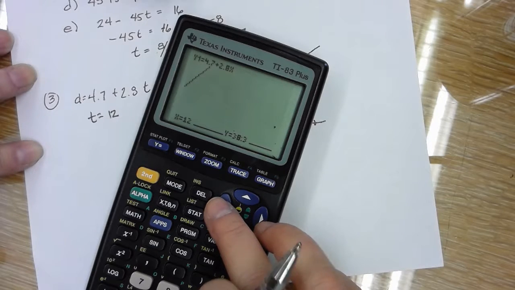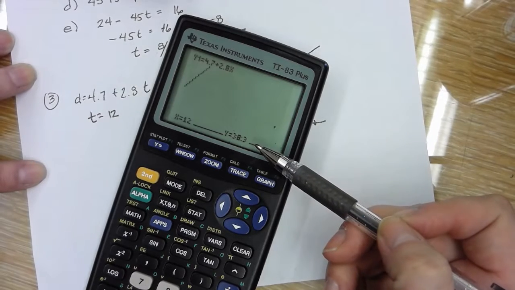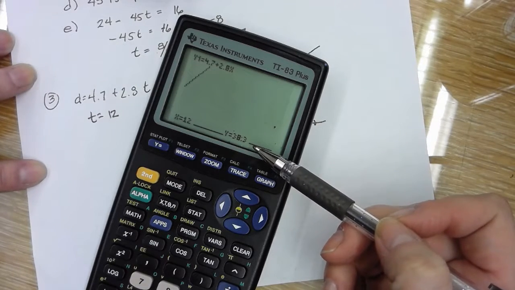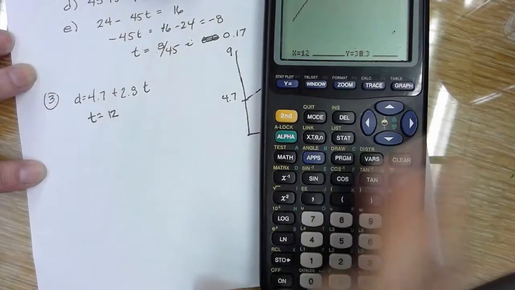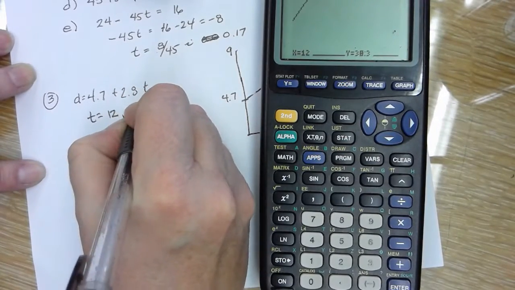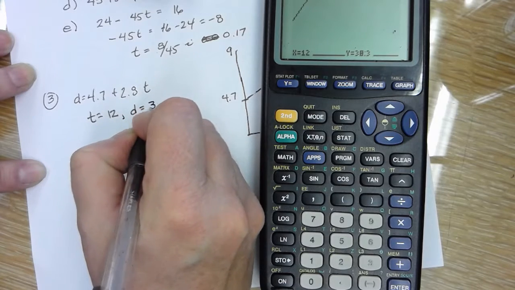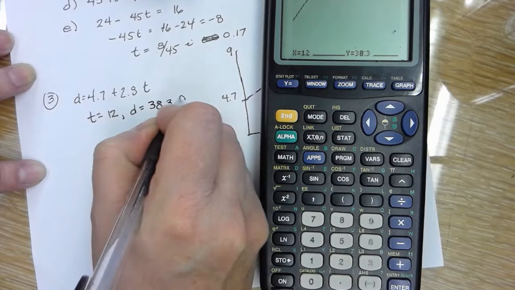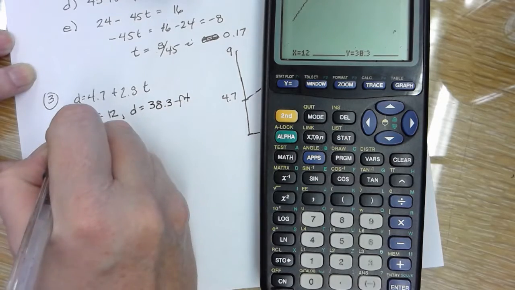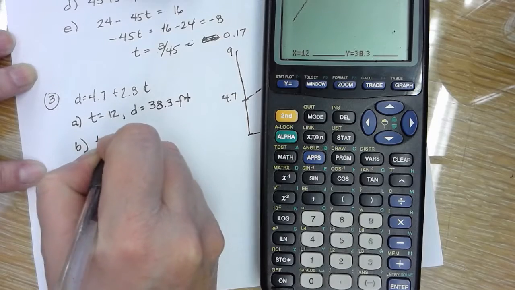So when x is equal to 12, y is equal to 38.3. So when our time is equal to 12, our distance is equal to 38.3 feet. What about when our time is equal to 7.4 seconds?